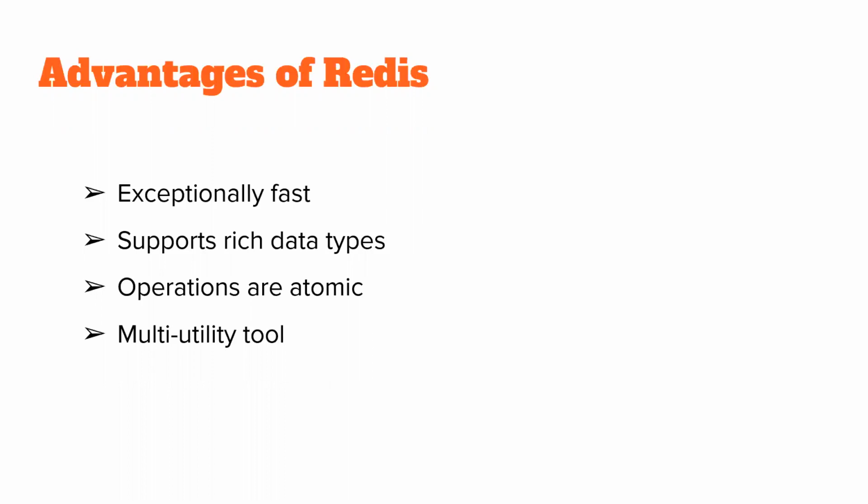Multi-utility tool: Redis can be used in a number of use cases, such as caching and message queues. Redis natively supports publish/subscribe, and is good for any short-lived data in your application, such as web application sessions, web page hit counts, etc.